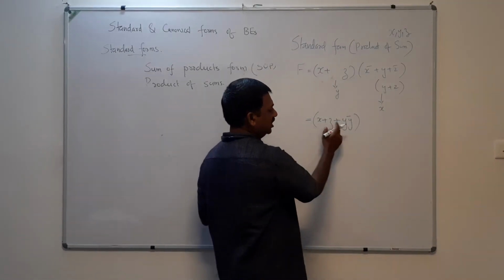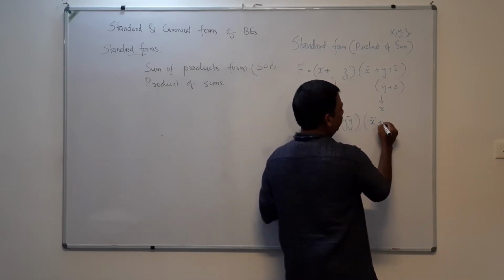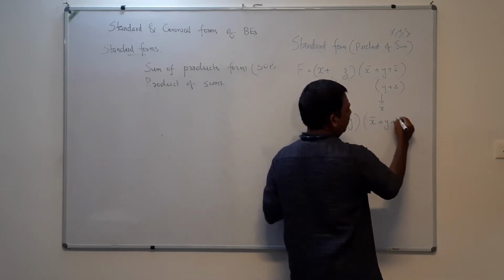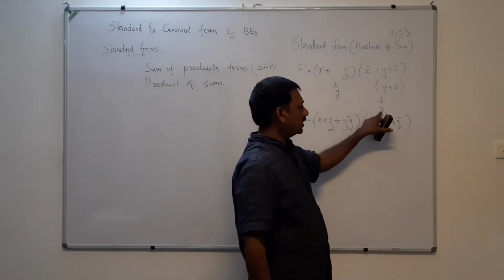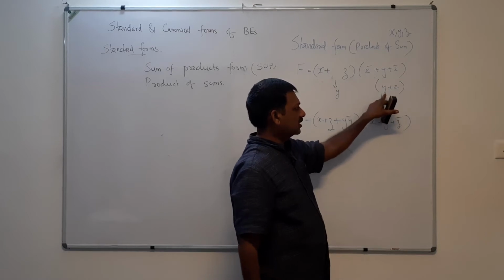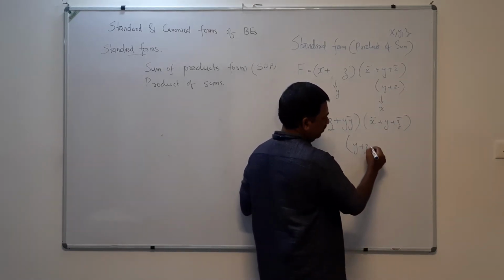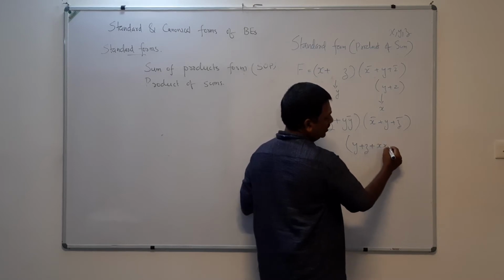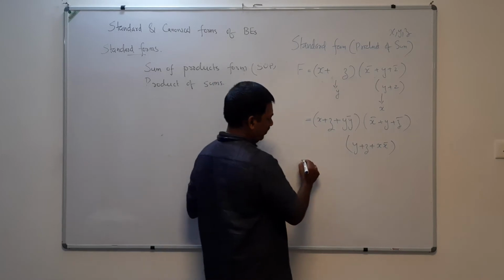So x plus z plus y bar into x bar plus y plus z bar into, see here we are lacking the term x. So you are going to have y plus z plus x bar.